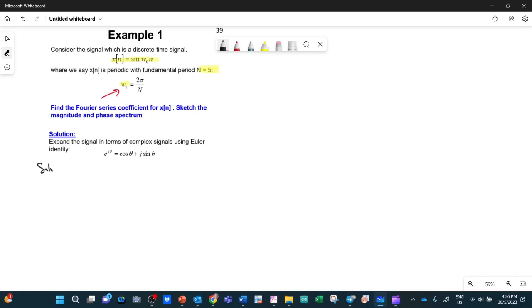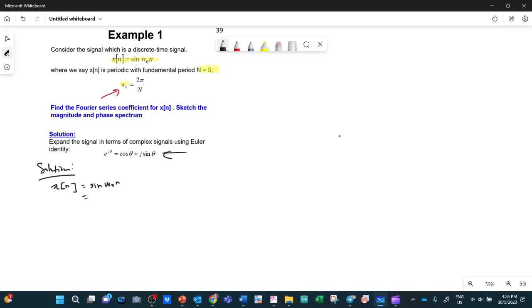So the solution: x[n]. Let's write first the equation sine omega n. We are going to use Euler. So what is the Euler identity for sine omega n?